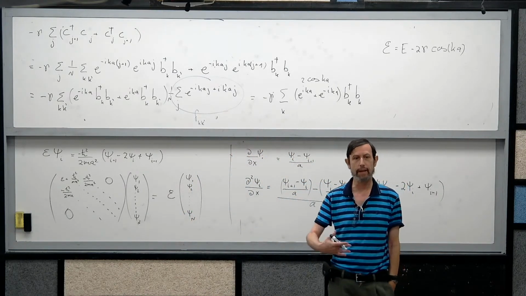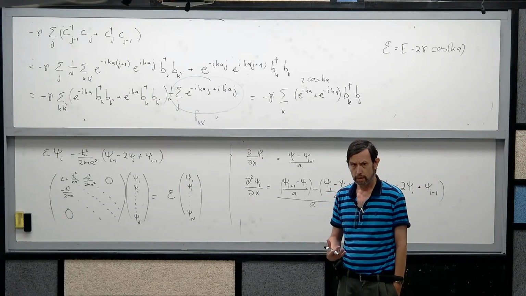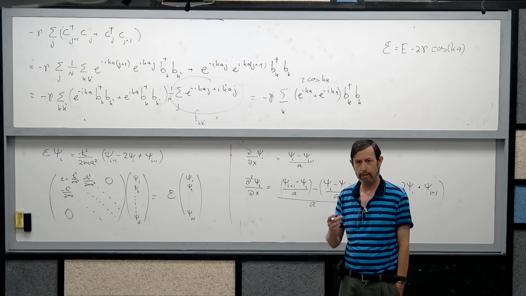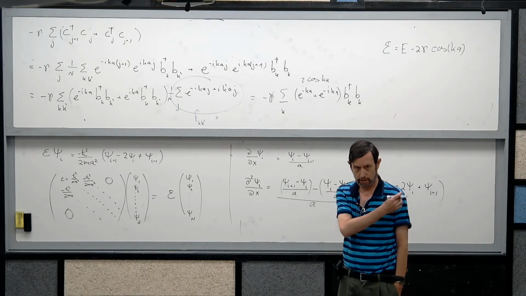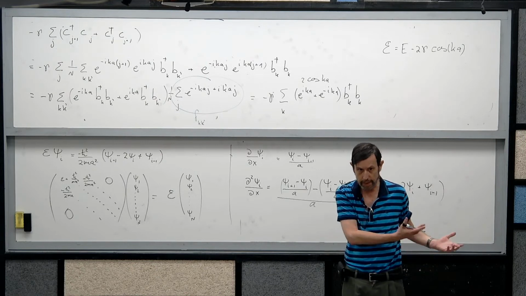So now you can come and say, okay, but we know that the spectrum of a lattice in tight binding is different from a free electron spectrum. Right? It's a cosine.